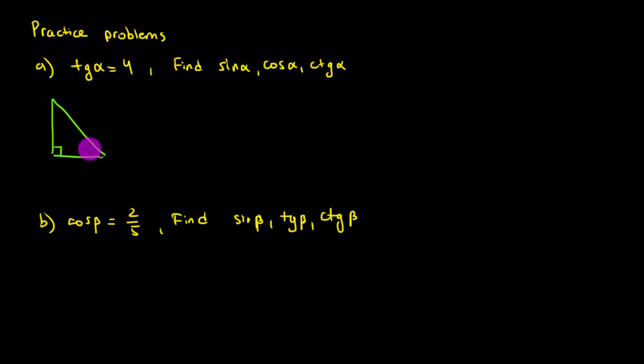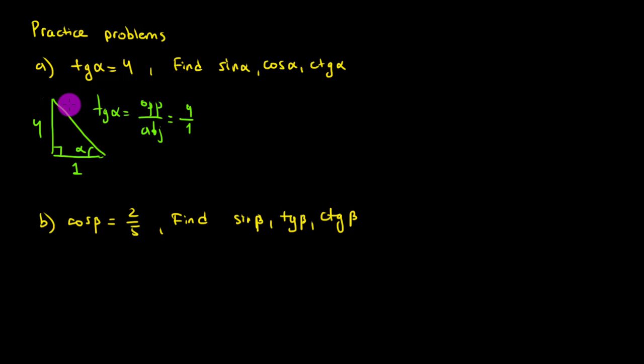It doesn't matter. Let's put it here. Tangent alpha equals 4. What does it mean? Tangent is opposite over adjacent, so you can write 4 as 4 over 1. So opposite would be 4 and the adjacent would be 1.